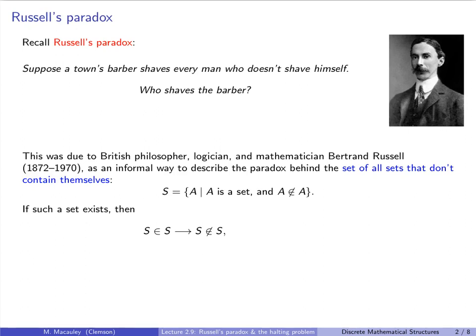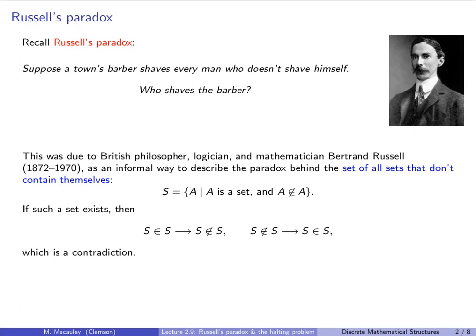Well, there's two cases. The first one is that S contains itself. In other words, S is an element of S. Then by definition of S, all sets that do not contain themselves, well, S cannot be an element in S. So this by itself is not a contradiction, but we can eliminate the case that S contains itself, so S must not contain itself.